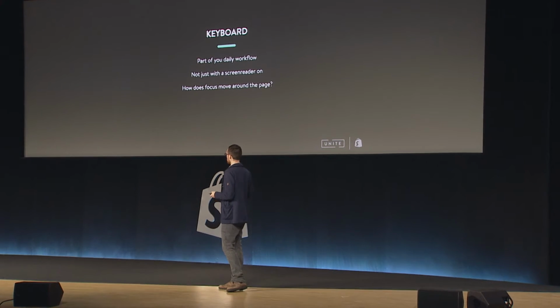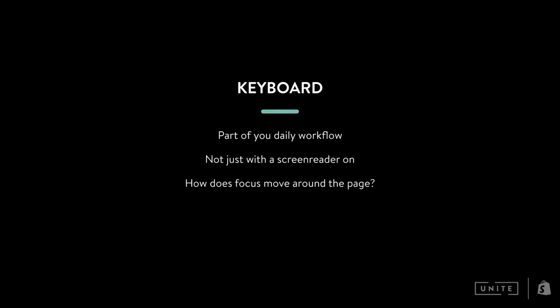So we'll go a little bit into the various ways that you can start testing accessibility on your theme. And the first is the keyboard. This is something you want to integrate into your daily development workflow. Not just with a screen reader on, because keyboards will actually behave differently depending on whether a screen reader's on or off.